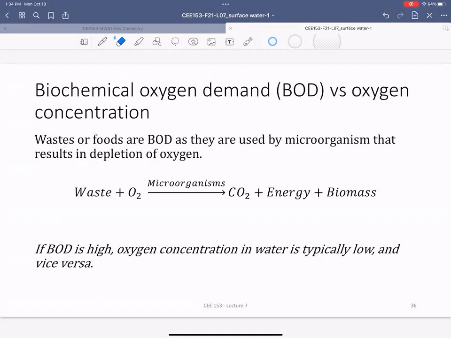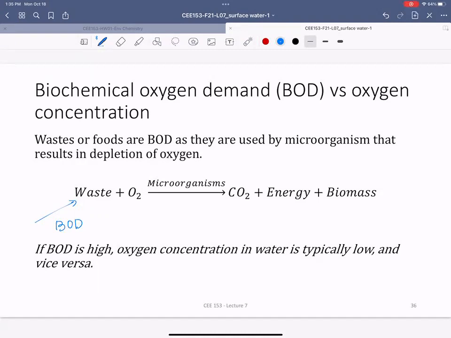So this waste is BOD. And BOD mixed with oxygen, that's the reason it's called oxygen demand, because it requires oxygen to be destroyed as carbon dioxide. So all microorganisms in water or wastewater treatment plants or drinking water treatment plants take those wastes, you aerate it, add oxygen into it, and then you produce carbon dioxide.